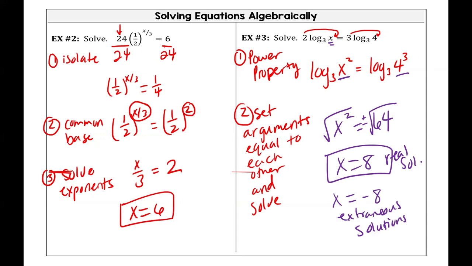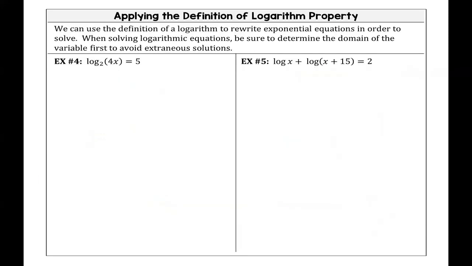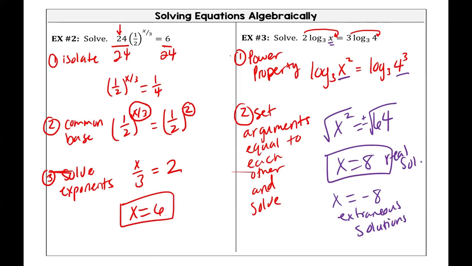Any questions so far? So why is it x equals -8? Because when you take the square root of 64, it can be a positive 8 or a negative 8.